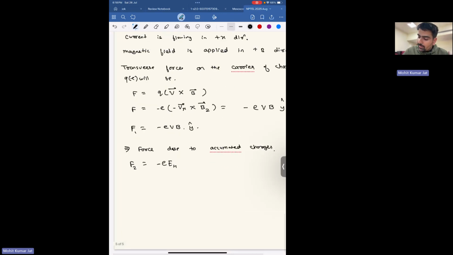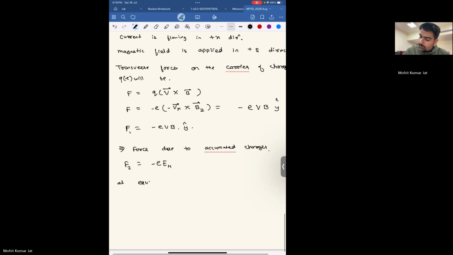At equilibrium F1 equals F2, and that gives e V B equals e E_H. So this essentially gives you V times B equals E_H.